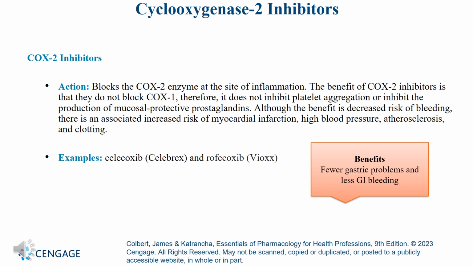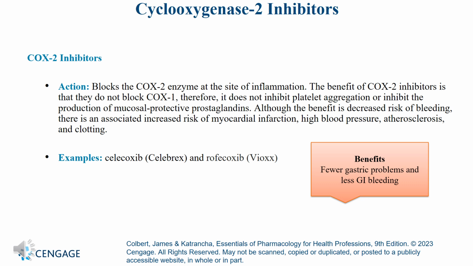COX-2 inhibitors block the COX-2 enzyme at the site of the inflammation. The benefit of COX-2 inhibitors is that they do not block COX-1, so they do not inhibit platelet aggregation or the production of mucosa-protective prostaglandins.